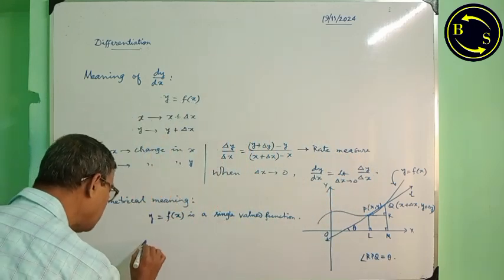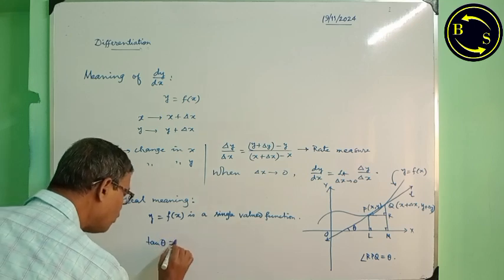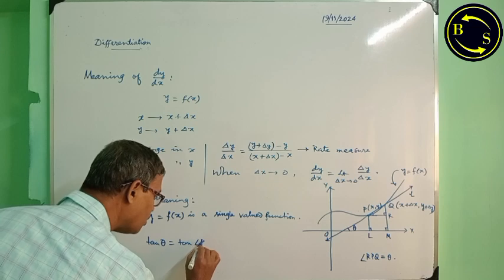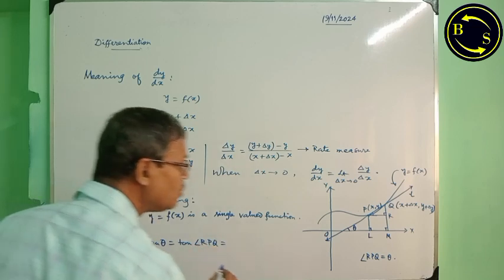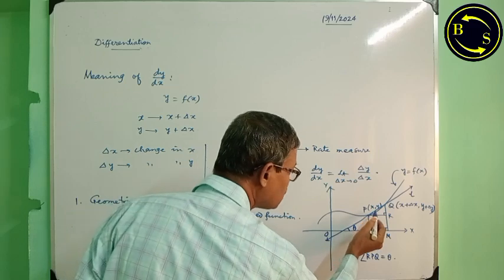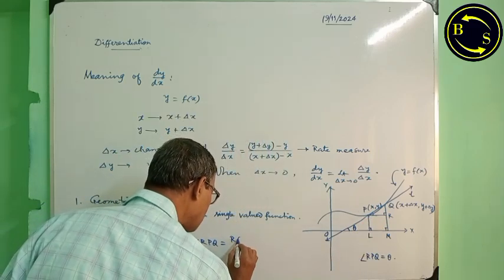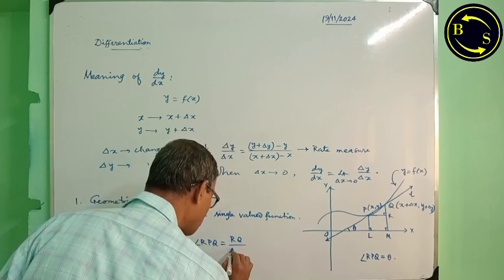Therefore tan theta will be tan of angle RPQ, that is equal to RQ by PR.